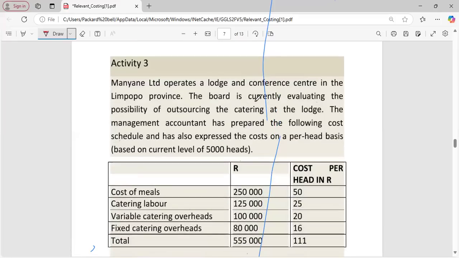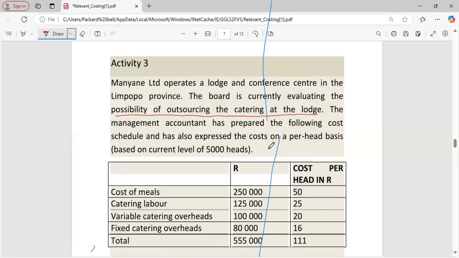Right, the question is saying, Mayan Limited operates a lodge and conference center in the Limpopo province. The board is currently evaluating the possibility of outsourcing the catering at the lodge. You see, these guys, they are trying to evaluate the possibility of outsourcing.